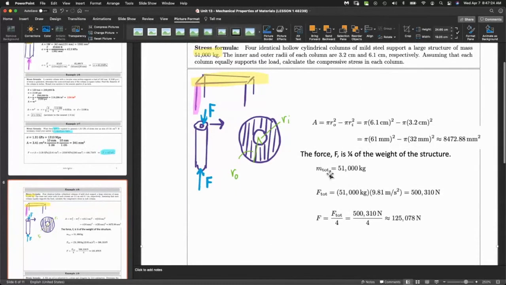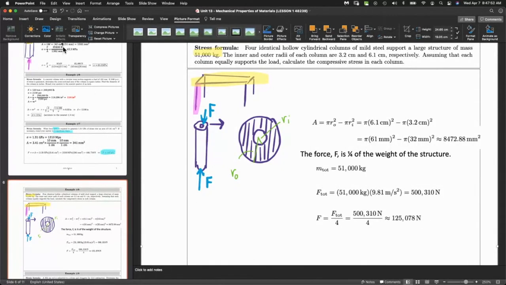Nothing too dangerous here. The total mass is 51,000 kilograms. And then the total force, or if you want the weight of the structure, you remember we talked about multiplying by 9.81. So that takes us to approximately 500,000 newtons. And then our force, F, is going to be the total force divided by 4. So approximately 125,000 newtons.